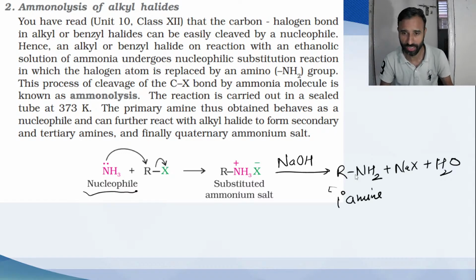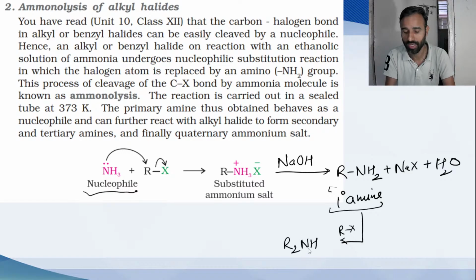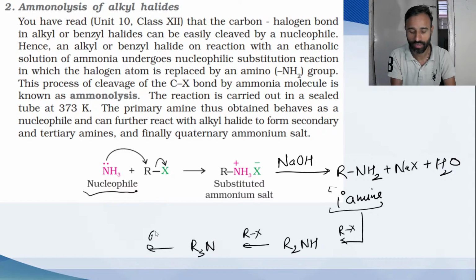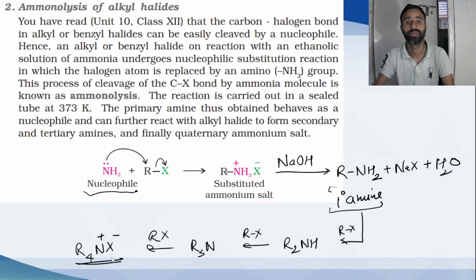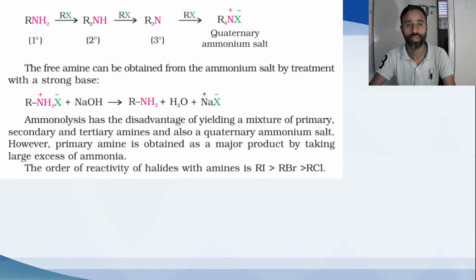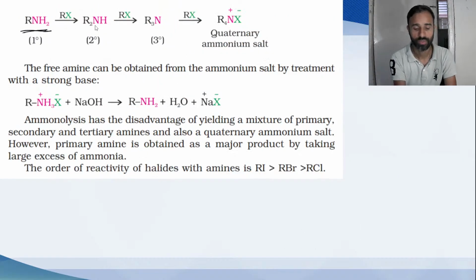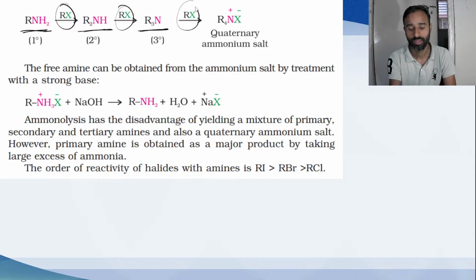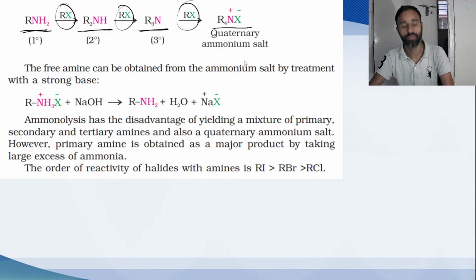If ammonia is in excess, we get primary amine as the major product. But if alkyl halide is in excess, then further reaction takes place. We get secondary amine, further it reacts to give tertiary amine, and at the end we get quaternary ammonium salt. See, primary amine with alkyl halide gives secondary amine, again alkyl halide gives tertiary amine, again alkyl halide gives quaternary ammonium salt. Free amine can be obtained from the ammonium salt by treating with a strong base.